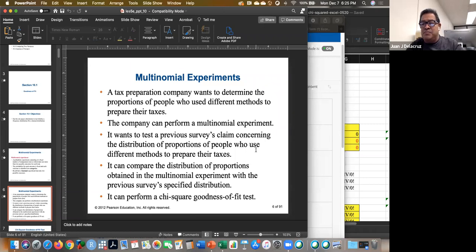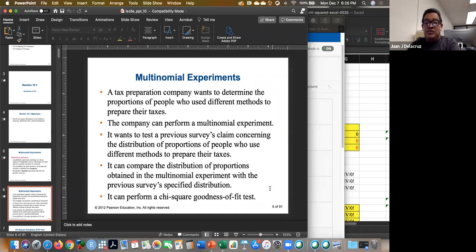Somebody else in the past published that study, interviewing people, and people said, I asked my friends, I asked the company, I asked somebody else. So we are going to be comparing previous data with the data that I can gather, right? It can compare the distribution of proportions obtained in the multinomial experiment with the previous survey's specified distribution.